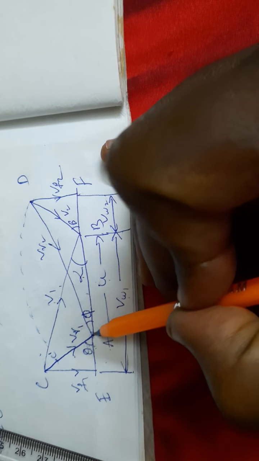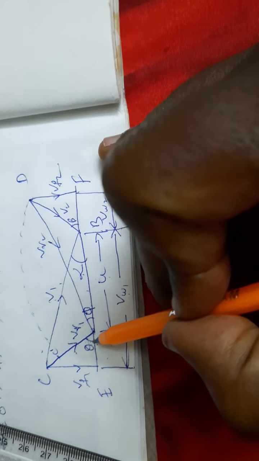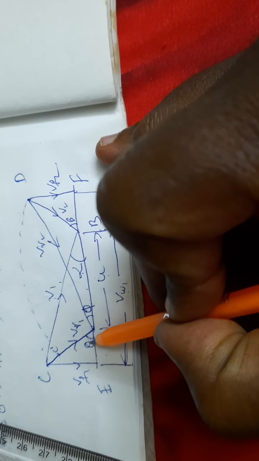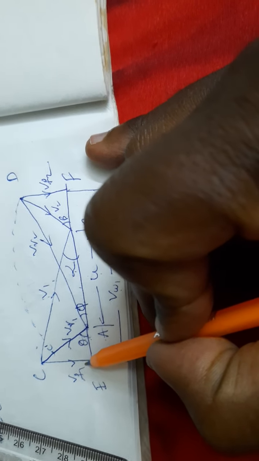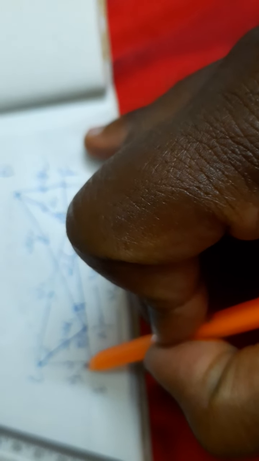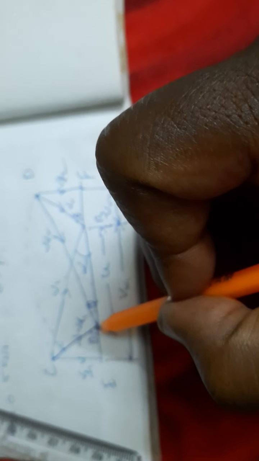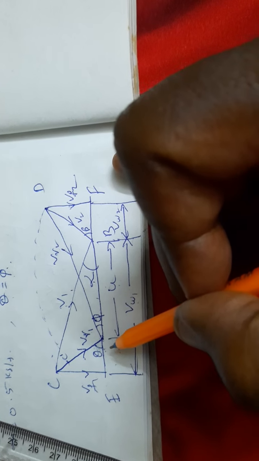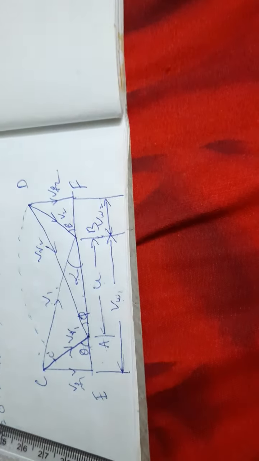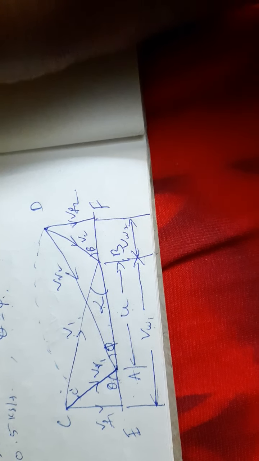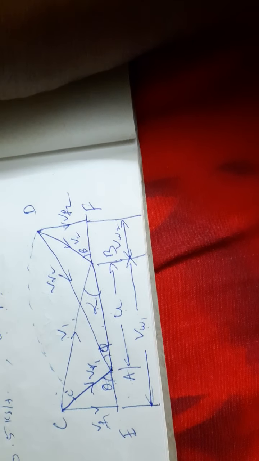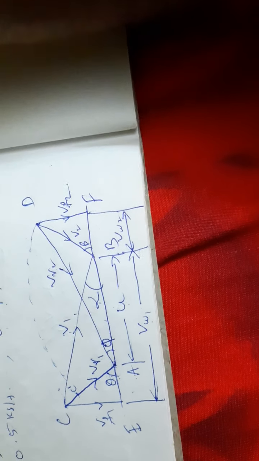For calculating the relative velocity at inlet, we can use sin theta equals VF1 by VR1. So VR1 is equal to VF1 by sin theta.